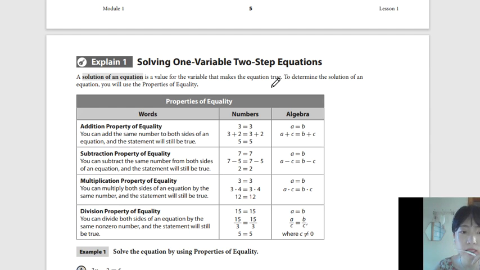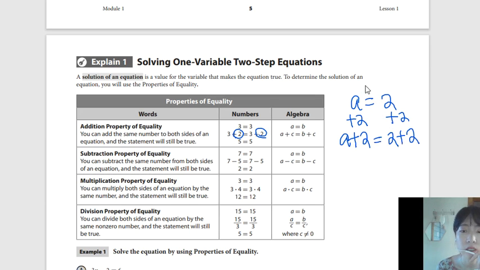We have the addition property of equality, the subtraction property of equality, multiplication, and division.